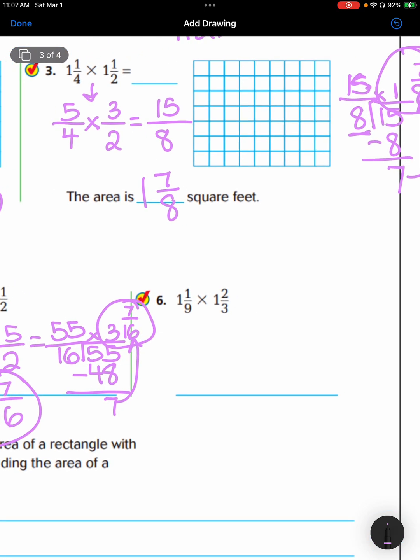Okay, number 6. 1 times 9 is 9, plus 1 is 10, so 10 over 9 times 3 times 1 is 3, plus 2 is 5 over 3. Multiply across, 10 times 5 is 50, 9 times 3 is 27. Divide.